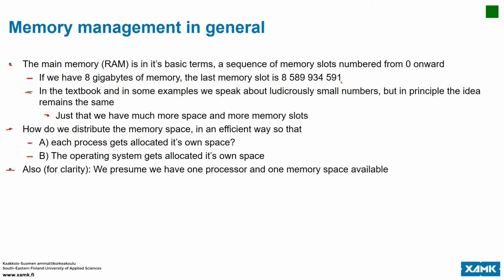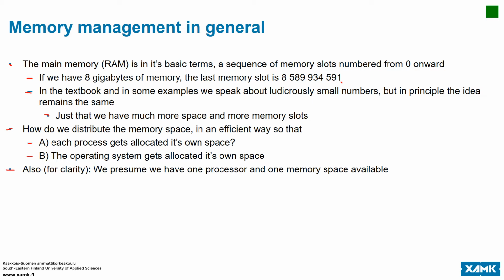And again, I have mentioned this earlier, but right now we presume that we only have one processor and multiple processes or multiple programs sharing that one physical CPU. But of course, in real life, this might or might not be true.